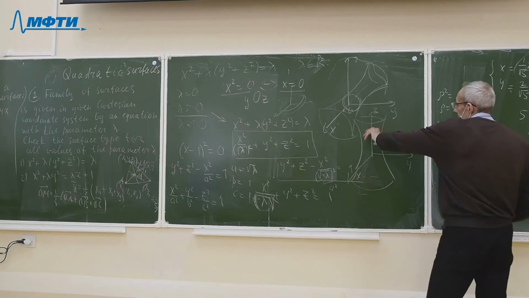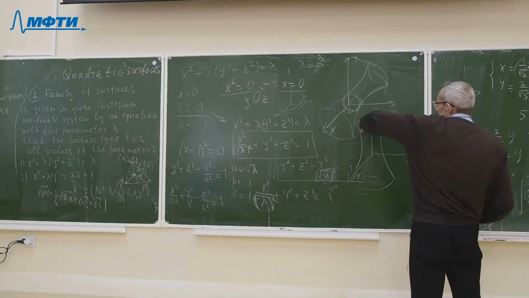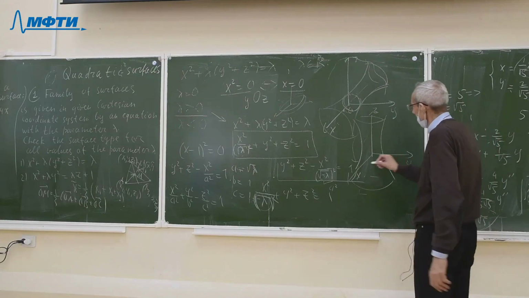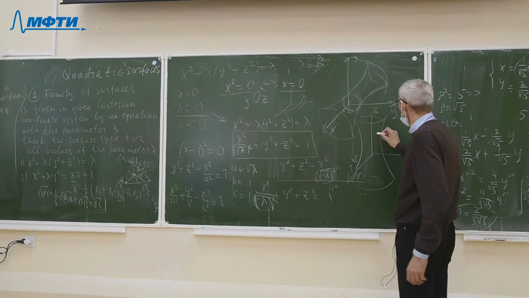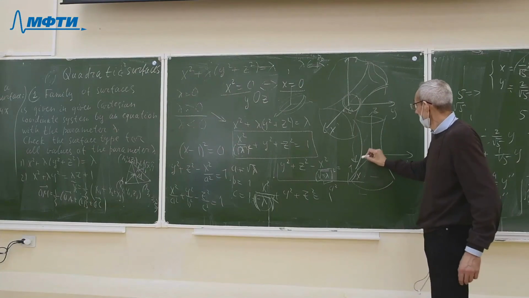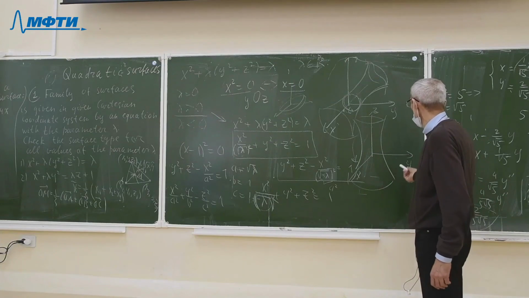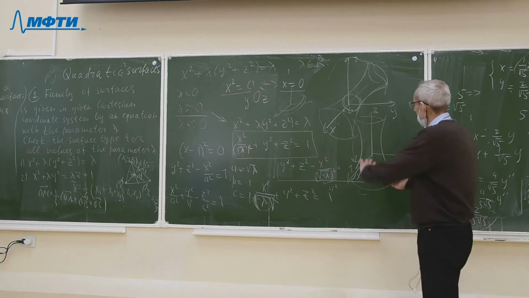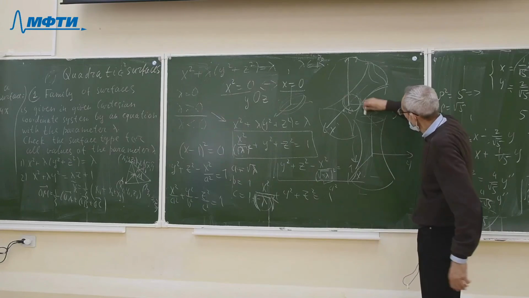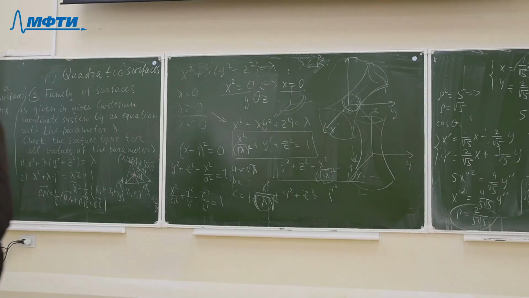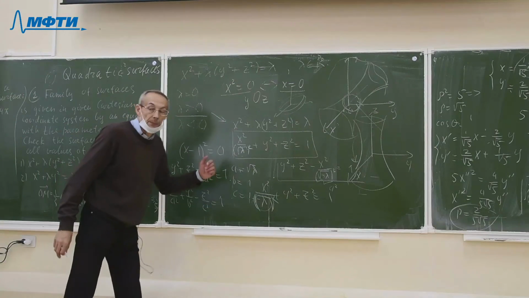After this rotation, z transfers into x, x transfers into y, and y transfers into z. After this rotation, we obtain this surface. This is another way to obtain the drawing of this surface.